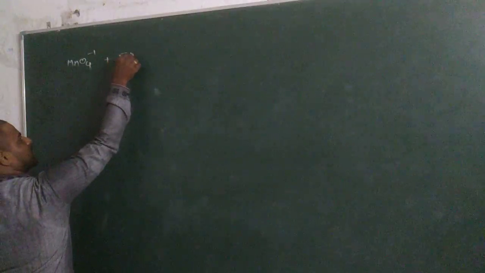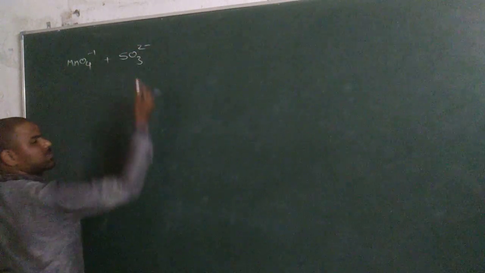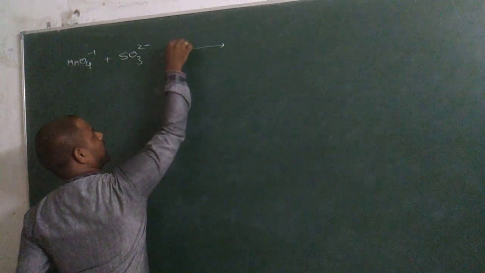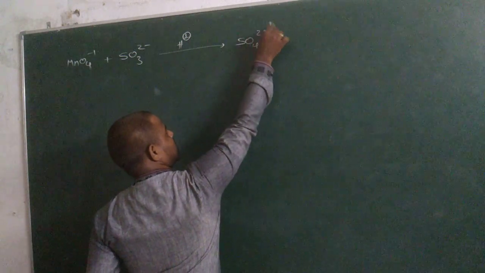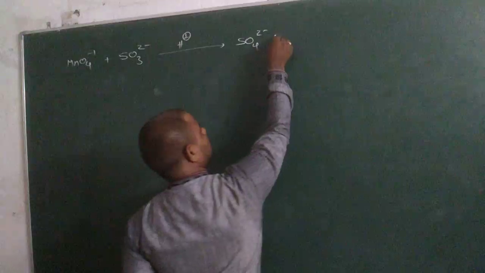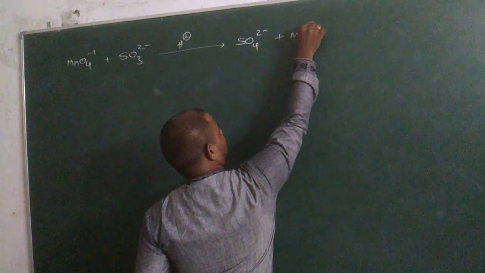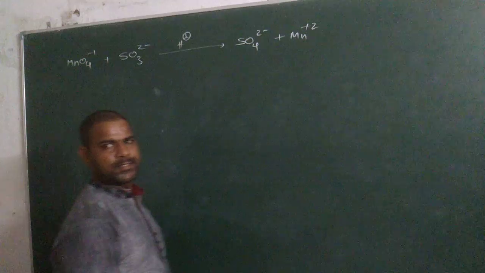It is simply the permanganate ion, MnO4 minus, reacting with the sulfite ion in acidic medium to give the sulfate ion and the Mn2 plus ion.